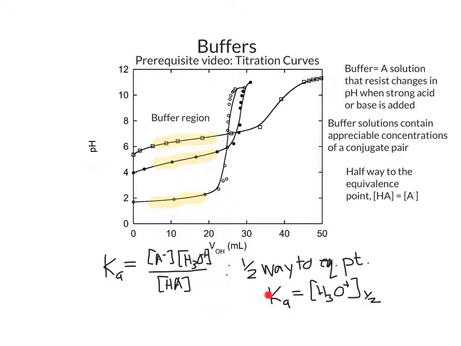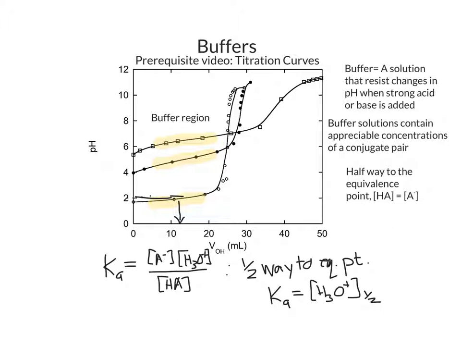So if Ka is equal to the H3O plus concentration halfway to the equivalence point, then I can take minus the log of both sides of this equation, and I can say that halfway to the equivalence point, the pH, which is minus the log of the H3O plus concentration, is equal to pKa, which is minus the log of Ka.